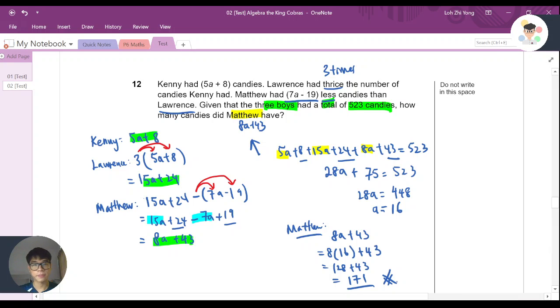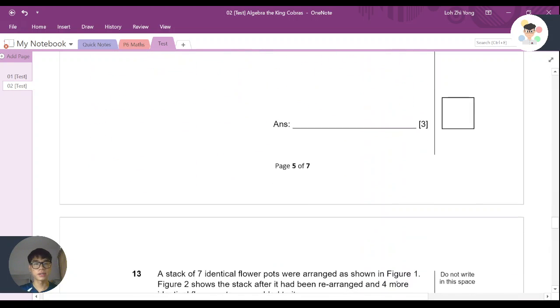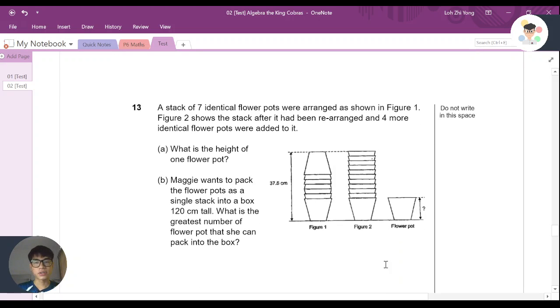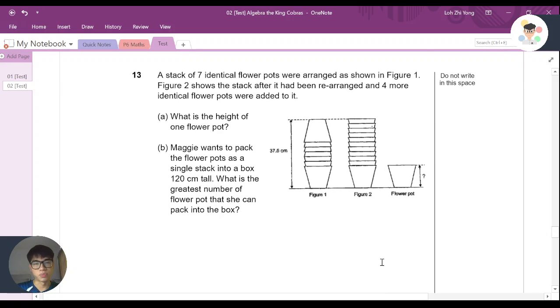Now, question 13. Question 13 doesn't require you to use algebra at all, but there's a similar concept you need to know about algebra inside. Here it says that a stack of 7 identical flower pots are arranged as shown in figure 1.